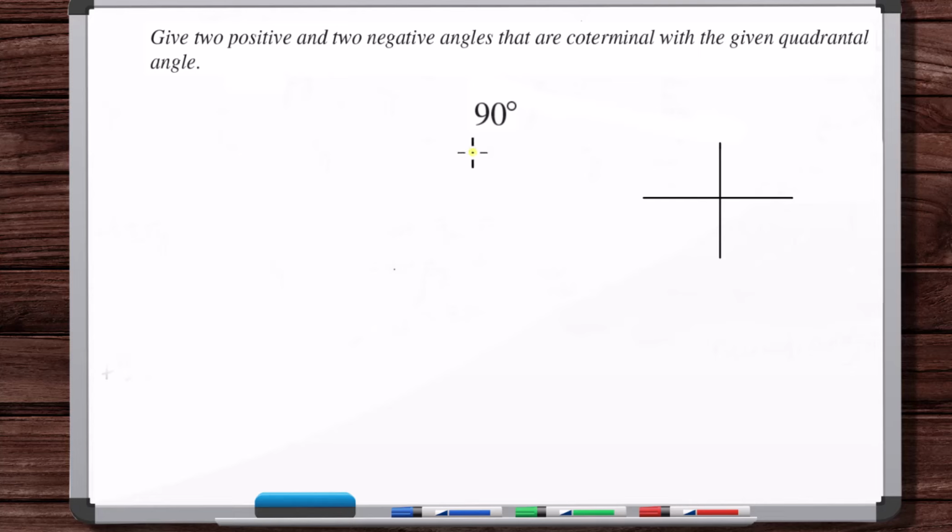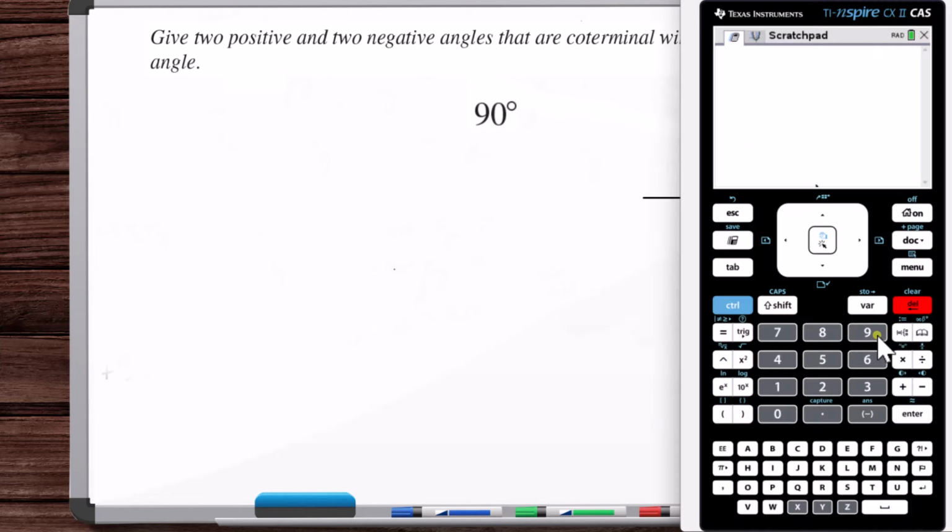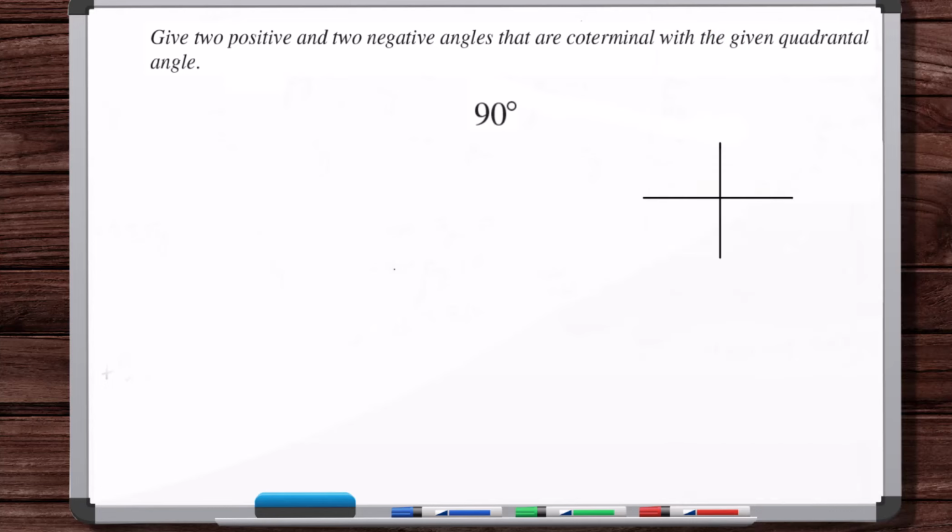All right, so what are two positive angles that are coterminal with this quadrantal angle? Okay, well, 90 plus 360, then plus 360 again. So 450 and 810. 450 and 810 degrees will all have the terminal side here.